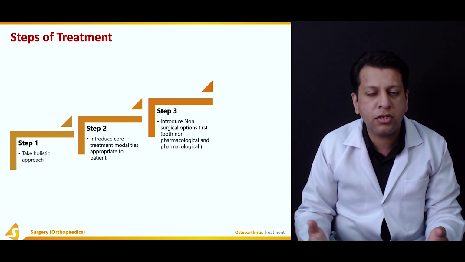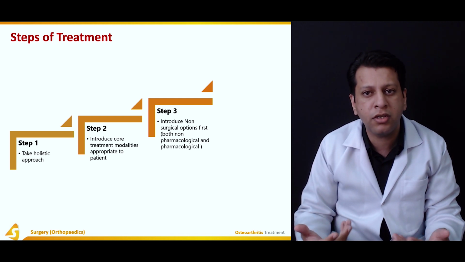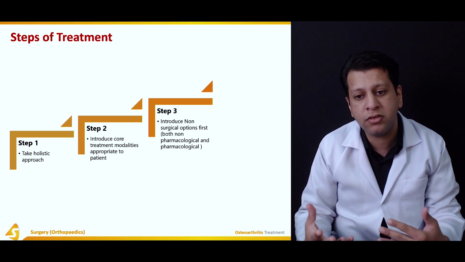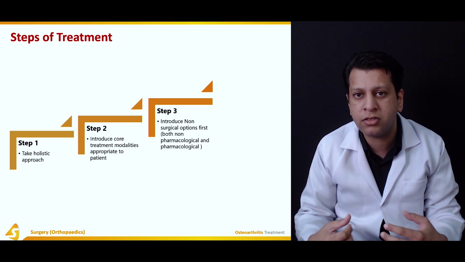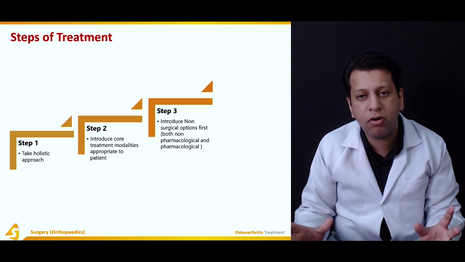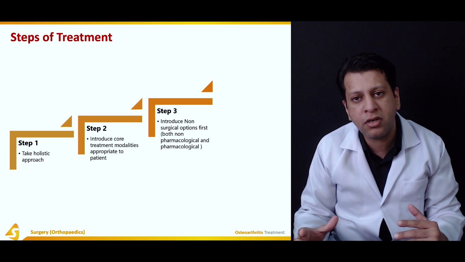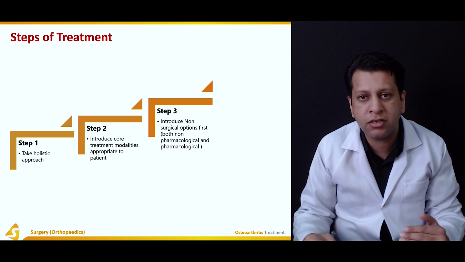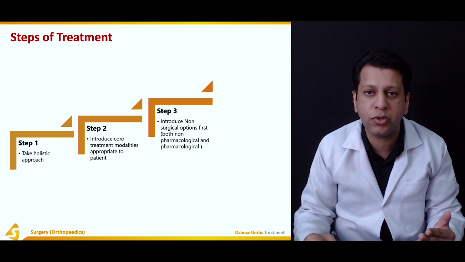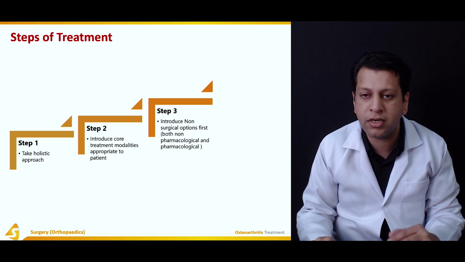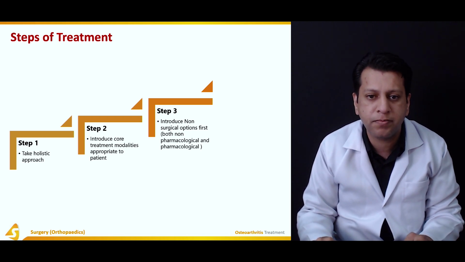Non-pharmacological includes aids, orthosis, and devices, lifestyle modification, exercise, and physiotherapy, which reduce the biomechanical stress on the joint. And fifth, if all these fail and the osteoarthritis is still progressing with increased joint changes, then the last resort is a surgical option, that is, replacement of the joint.